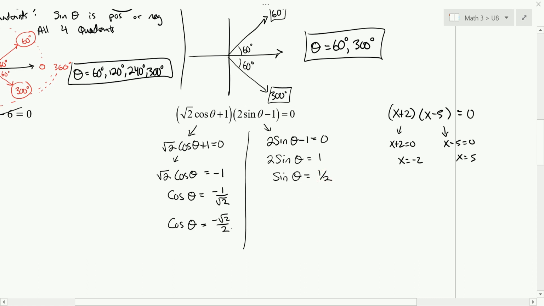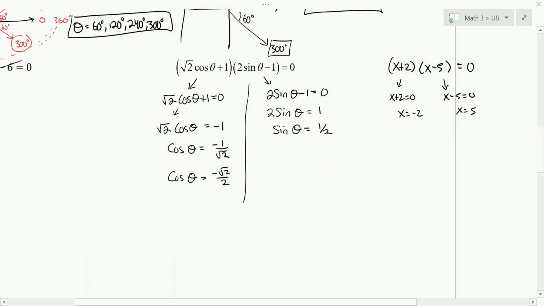Okay. So then for both of these, I've got to ask the question, what's my reference angle? What quadrants? On the cosine one, I want the reference angle. When we're thinking reference angle, it's actually easier to look at 1 over root 2 than the simplified one, right? Cosine is adjacent over hypotenuse.